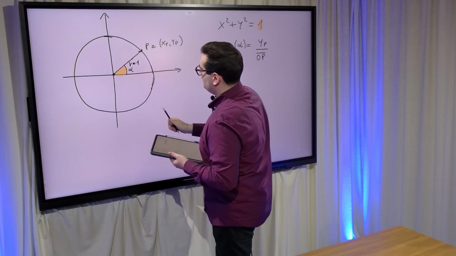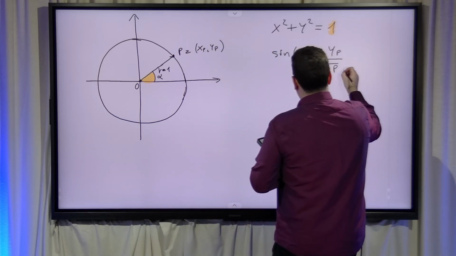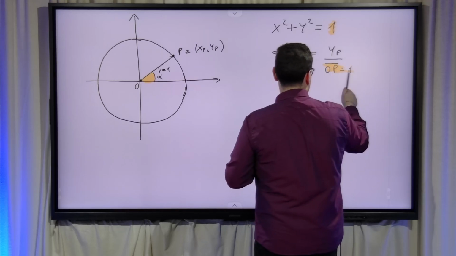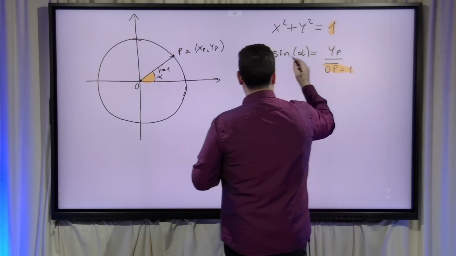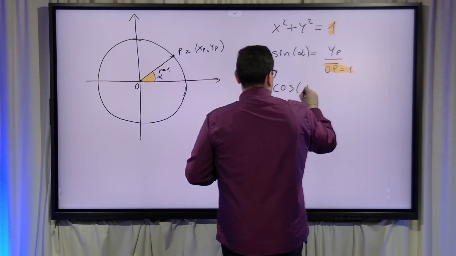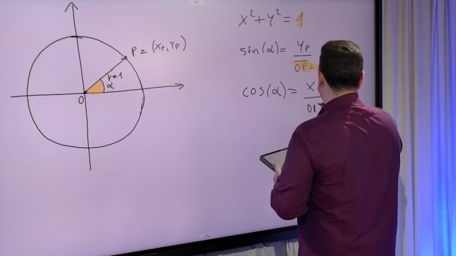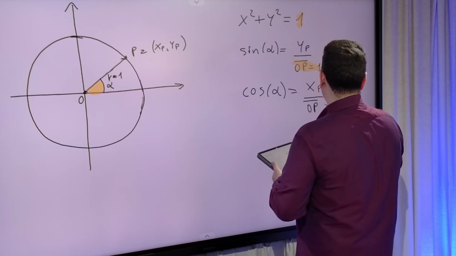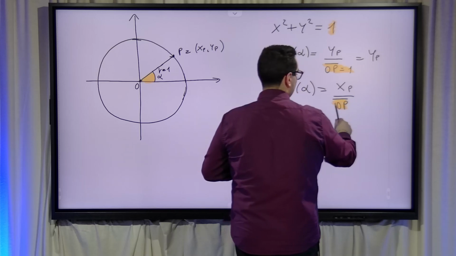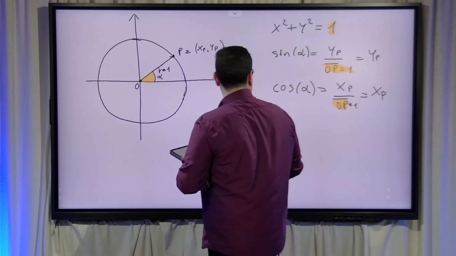OP is the origin of the axis, but this segment is equal to 1. So the sine of alpha is simply yp. We can define the cosine of alpha as xp over the segment OP, but as before, this segment is equal to 1, so the cosine of alpha is xp.